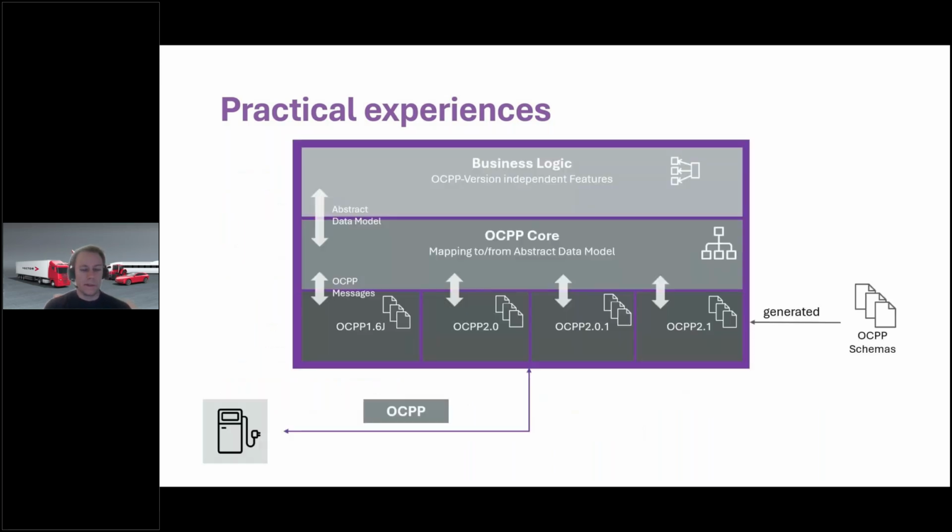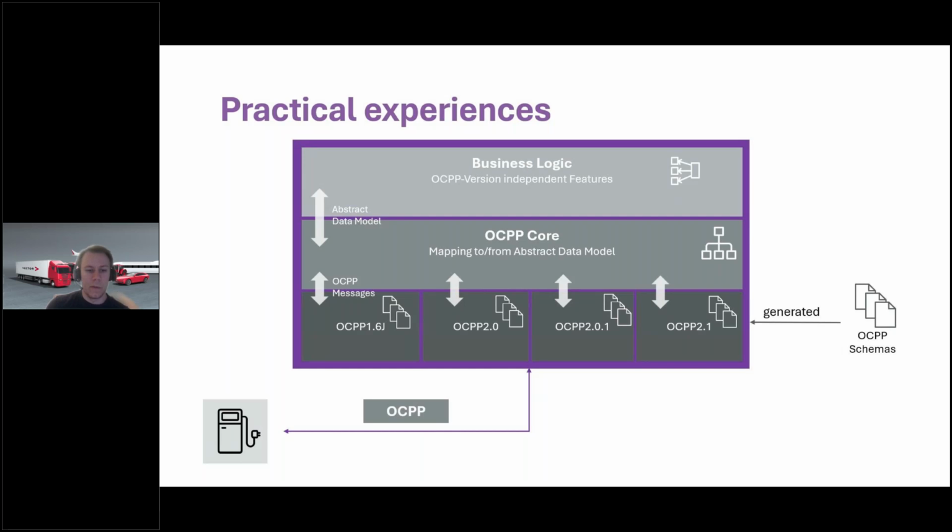To be successful here, I think a good architecture is always a key part. So I can tell you what we are doing at Vector to ensure this. We have mainly added a layer between the OCPP messages and the business logic. This is called here OCPP core on the slide. So what we are mainly doing is we are translating different OCPP versions to this abstract data model.